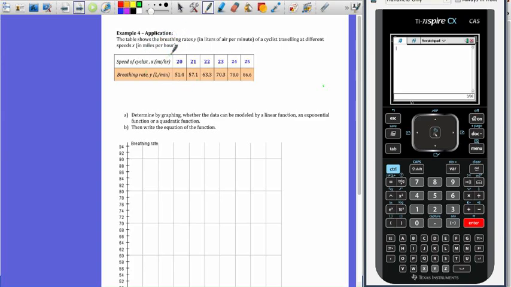Okay, so what we have is our real-life application modeling problem. We have a table of values for which the x values represent the cyclist's speed in miles per hour, and the y value represents their breathing rate, the number of liters of air per minute. First and foremost, we need to see if from the table we are able to ascertain what pattern we have, and this is going to allow us to determine what kind of function.